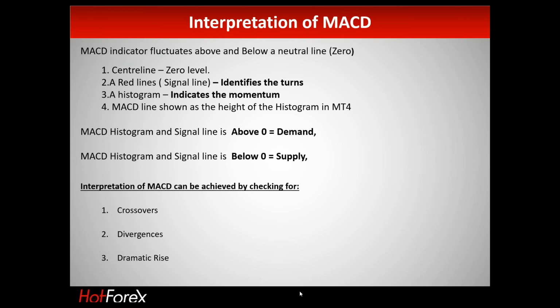If the MACD histogram and the signal line are below 0, then we have supply mode in the market. That's the one thing. However, as traders we have to look for crossovers, either signal line crossovers or central line crossovers, divergence, which generates a very powerful signal, and any dramatic rise that we might see.